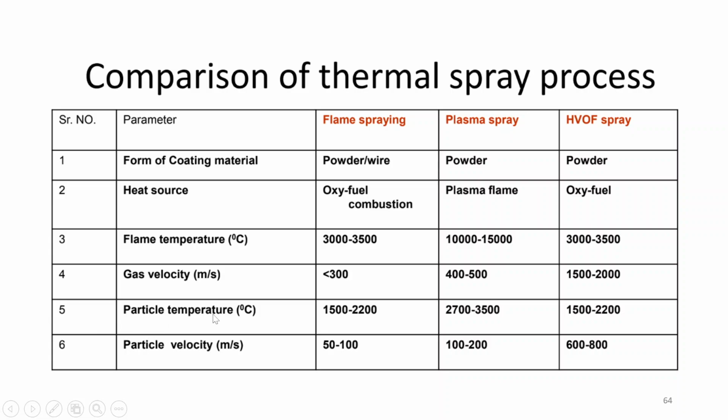Particle temperature is 1500 to 2200 in flame spray, 2700 to 3500 in plasma spray, and 1500 to 2200 in HVOF. Particle velocity is 50 to 100, 100 to 200, and 600 to 800.